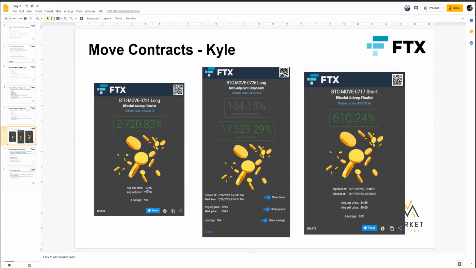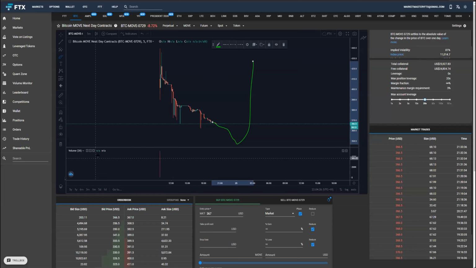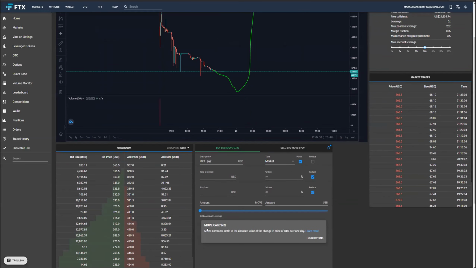You can see the average buying price was $122. Average sell price was $287. So I made the difference between that because I was trading with one contract. Now, one thing you need to know when you're trading these contracts, when you're shorting especially, is that one move contract is going to take the amount of capital from your account as margin to hold one whole Bitcoin.